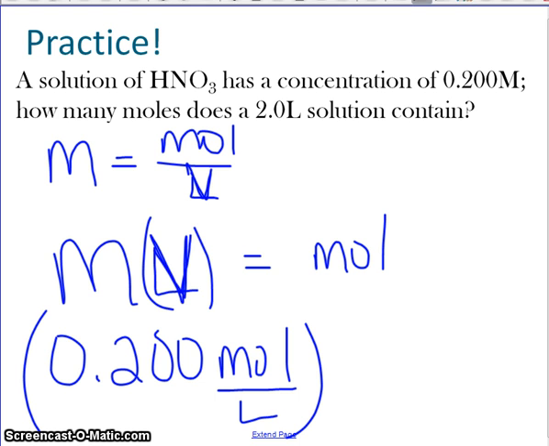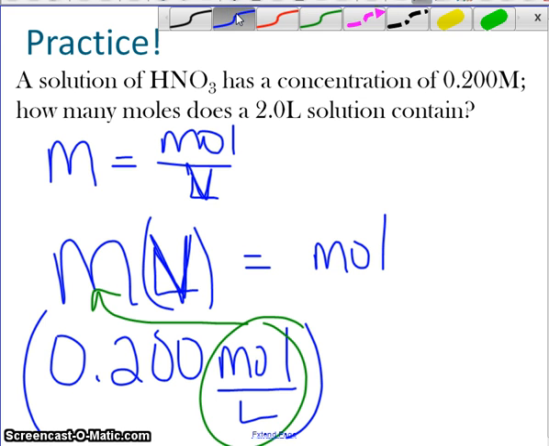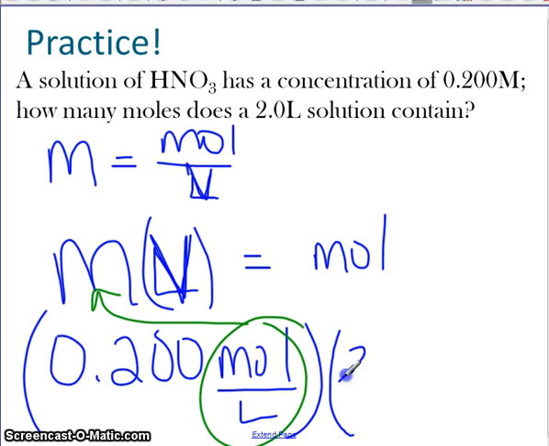And then I'm going to be multiplying by the amount of volume I have, which is 2.0 liters. And that's how many moles I'm going to have.